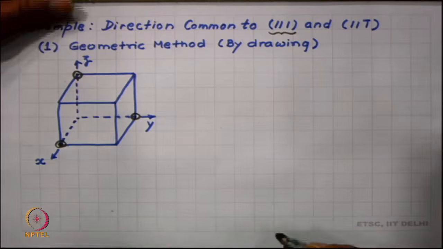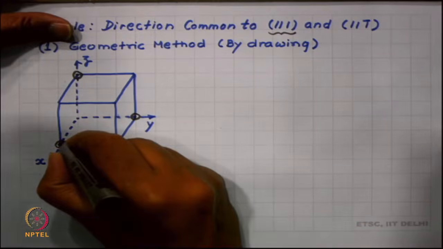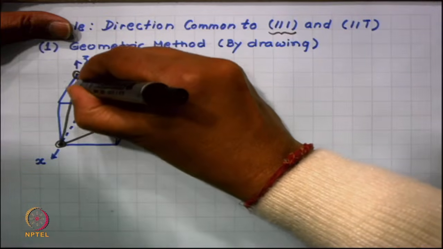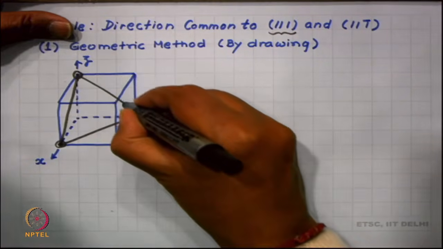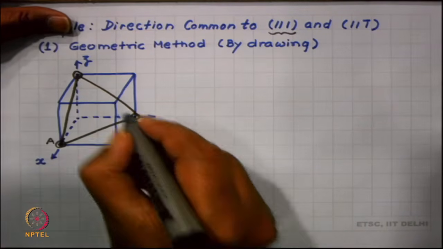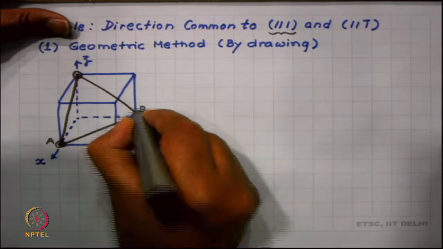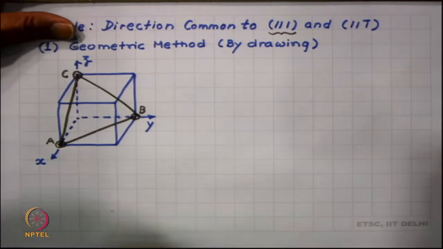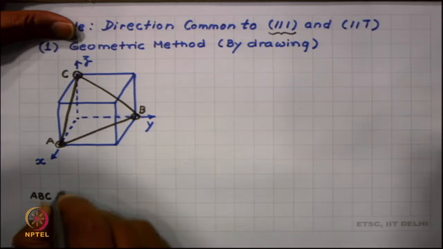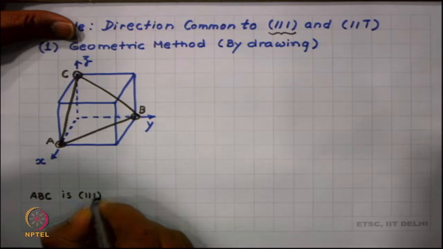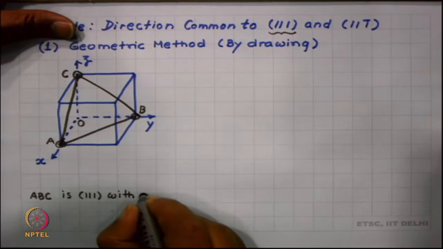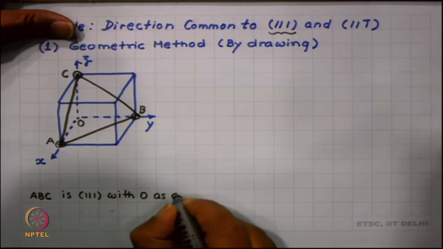So, we get these 3 points 1 1 1, and if I join these 3 points I get my plane. So, if I call this A, call this B and call this point C, then I can write that ABC is 1 1 1, with O as origin.